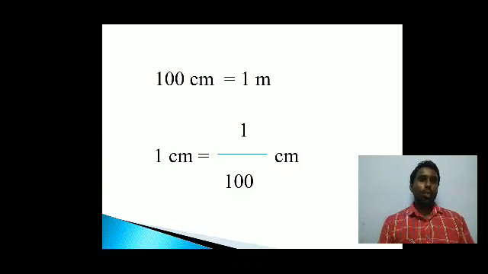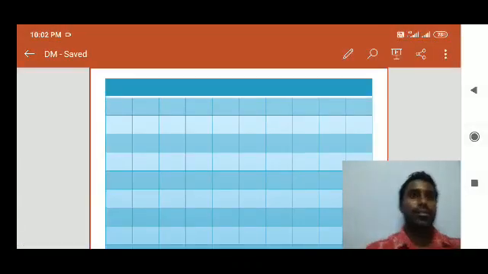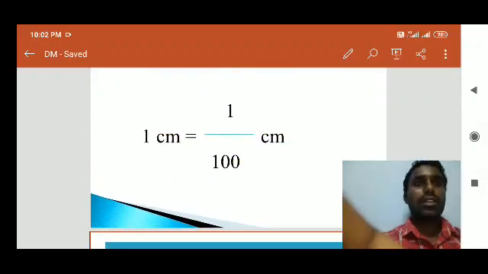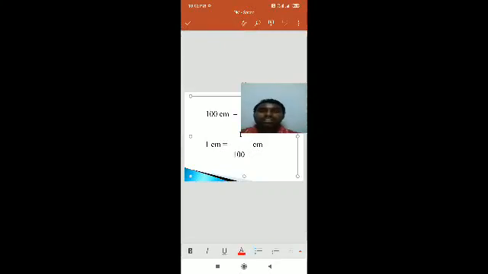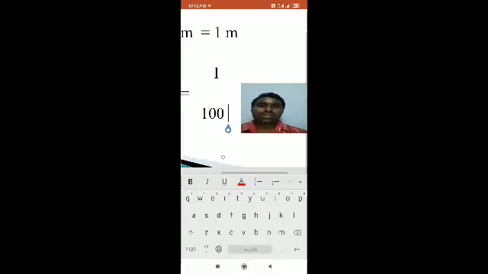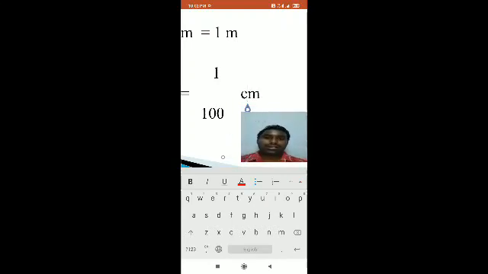That means 1 centimeter, in terms of a meter, what is it? Sorry for that, just a minute, I will change this one. So this is called 1 by 100 meter.